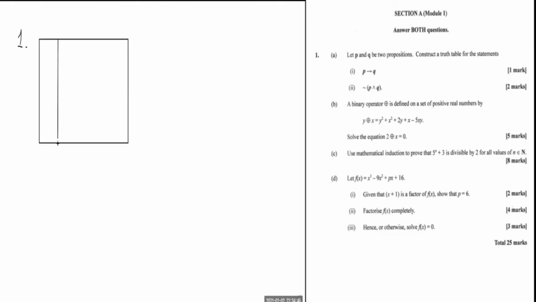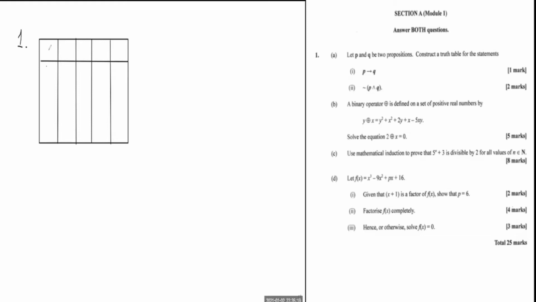We only need P and Q. Then we're going to need the results for P implies Q. All right, that should be enough.